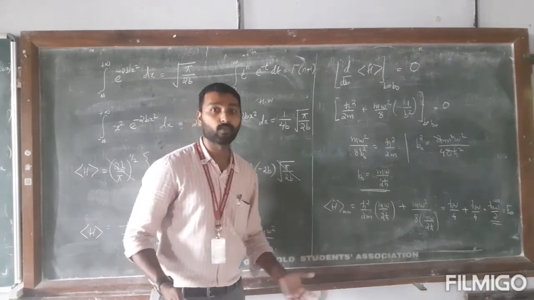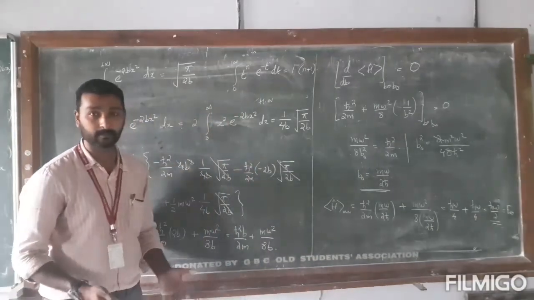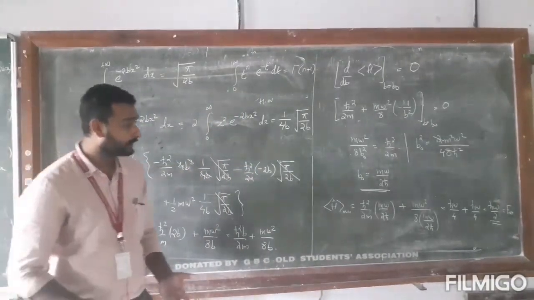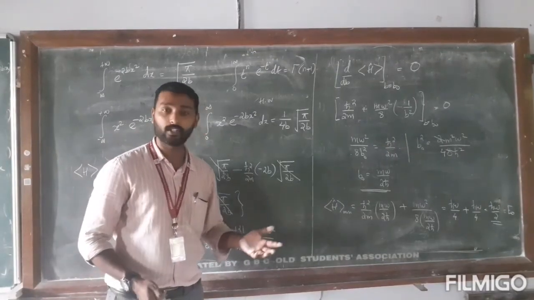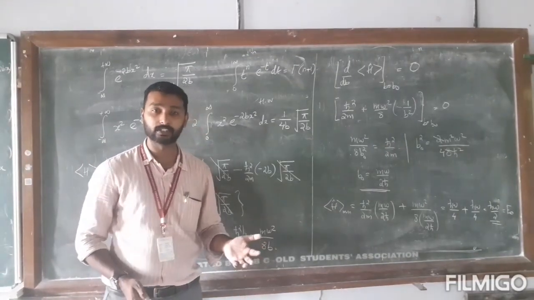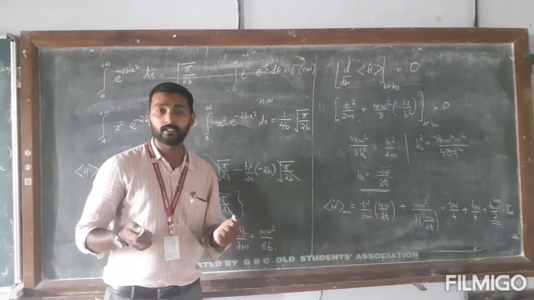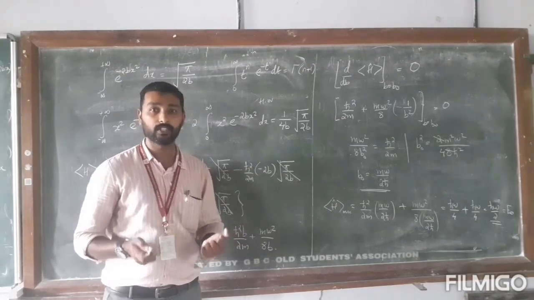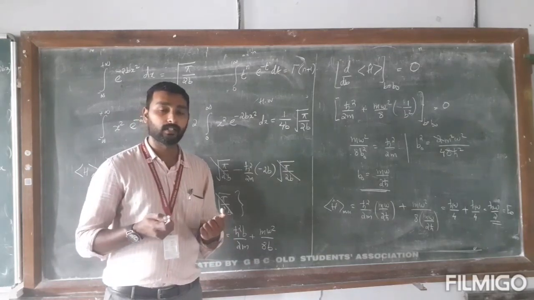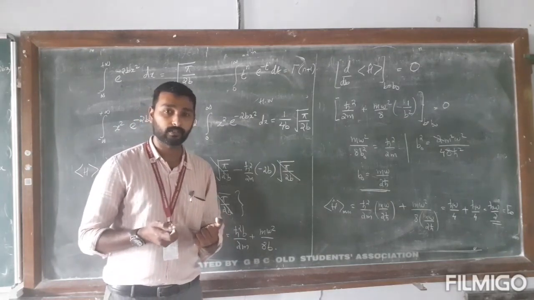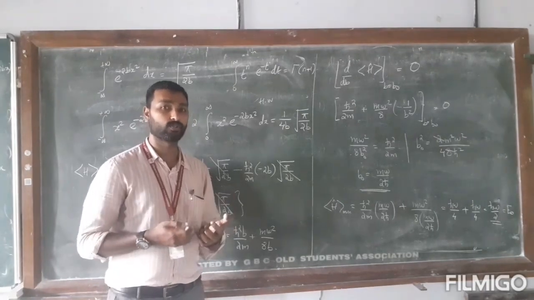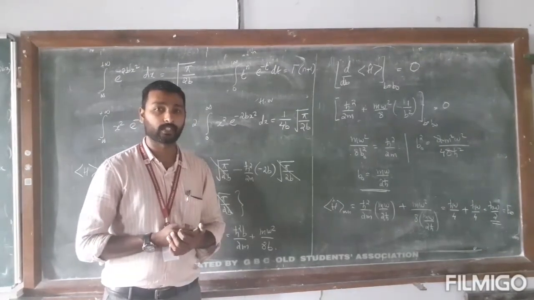Then the energy would also match if you minimize it. This is a simple illustration of the power of the variation principle. If you are able to guess the proper trial wave function, then we will get the upper limit of the ground state energy that is very close to the exact ground state energy.